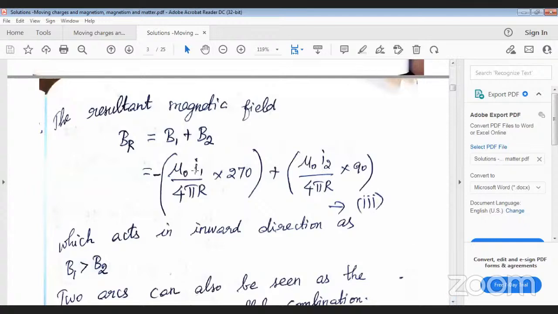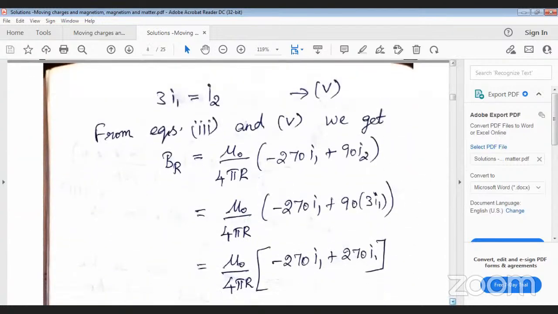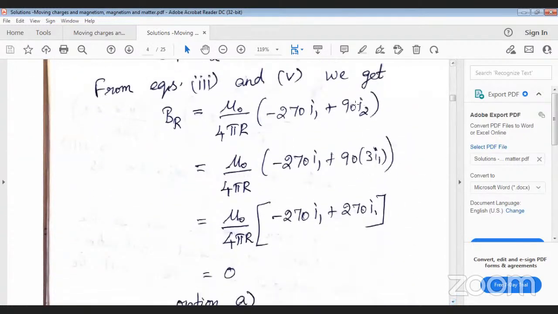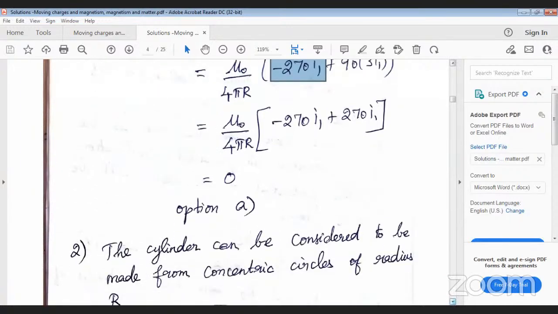So here instead of I2 I have to put 3 I1. Here I have done that 90 I2. So instead of I2 I am putting 3 I1. Then I have to simplify this 90 into 3, 270 I1. So this is minus 270 I1. 270 I1 minus 270 I1 will give you 0. So the net magnetic field is 0, and that is option A.